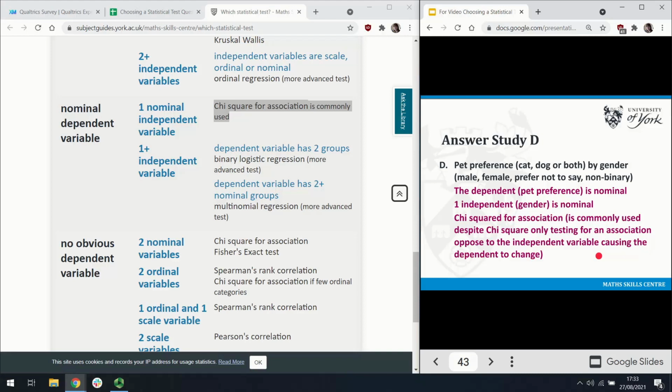So that might dictate the way that you write up the results of the test. You might want to say that pet preference is associated with gender rather than saying that gender affects pet preference.